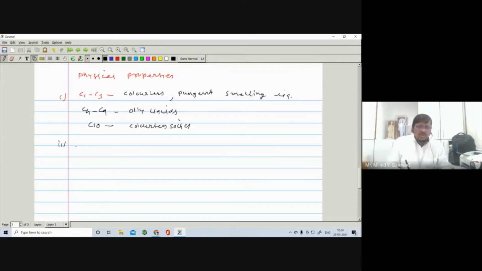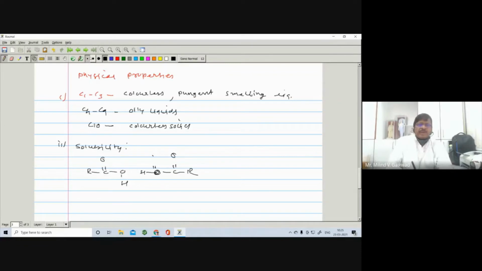Number 2, solubility. You know, like dissolves like: polar compounds dissolve in polar solvents, non-polar compounds dissolve in non-polar solvents. So the carboxylic acid, R C double bond O with OH and the H. This will form hydrogen bonding with water.